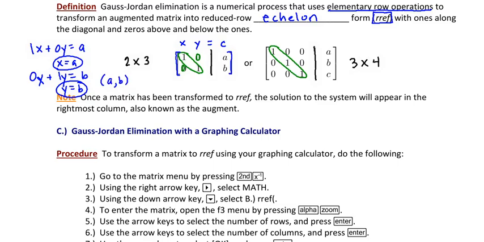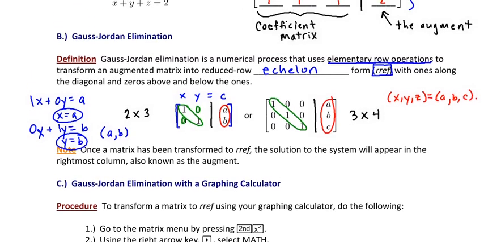So once we get the matrix into this reduced row echelon form, then the solution to the system lives right there in the augment. So if I'm looking at a larger system, then the ordered triple solution is also going to be located in the augment. It would be a, b, c. So once a matrix has been transformed to reduced row echelon form, the solution to the system will appear in the rightmost column, which we also know as the augment.